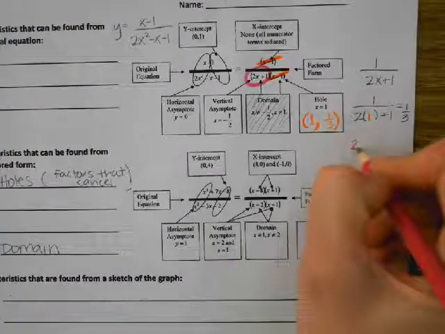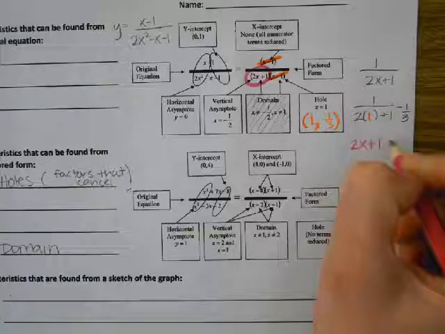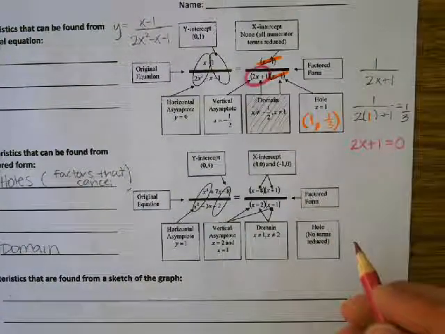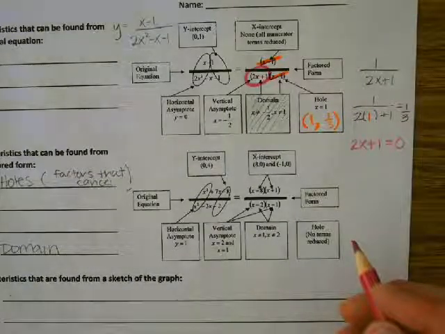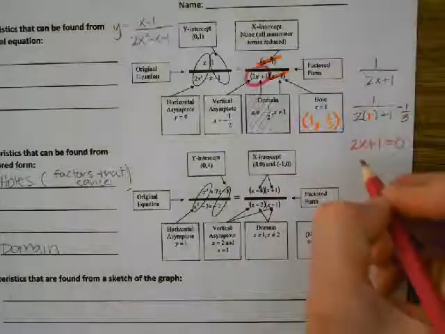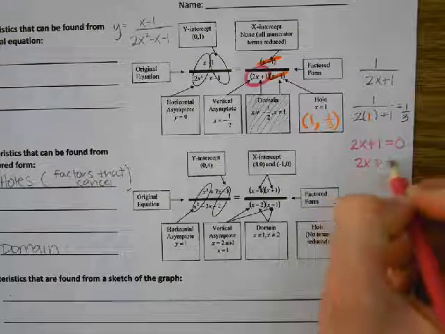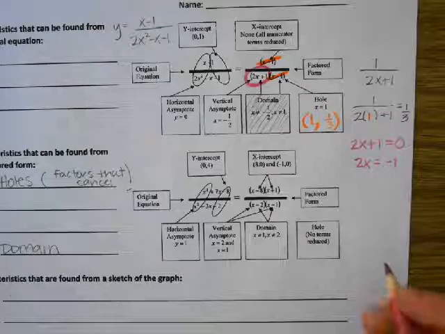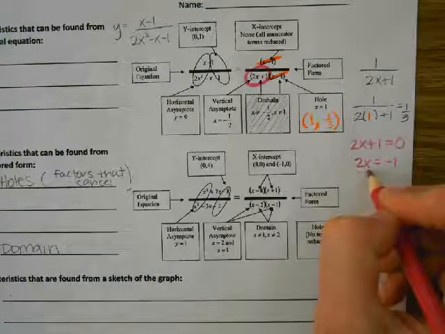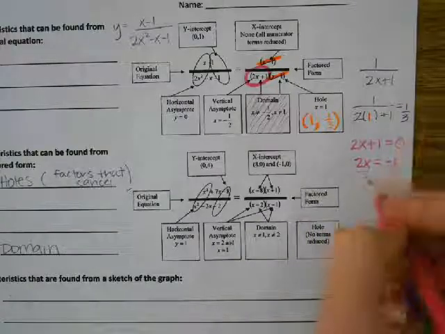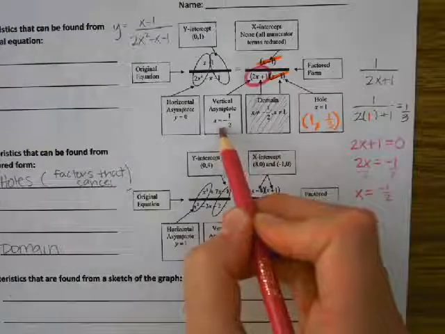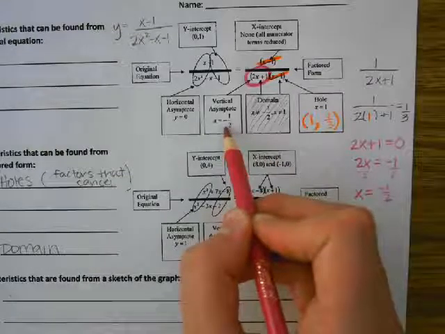What is the first thing we would do to solve for x? We would minus the 1 over. So I would say 2x equals negative 1. And then what would we do next? We would divide by 2. And so x would equal negative 1/2. And so that's where the vertical asymptote of x equals negative 1/2 came from.